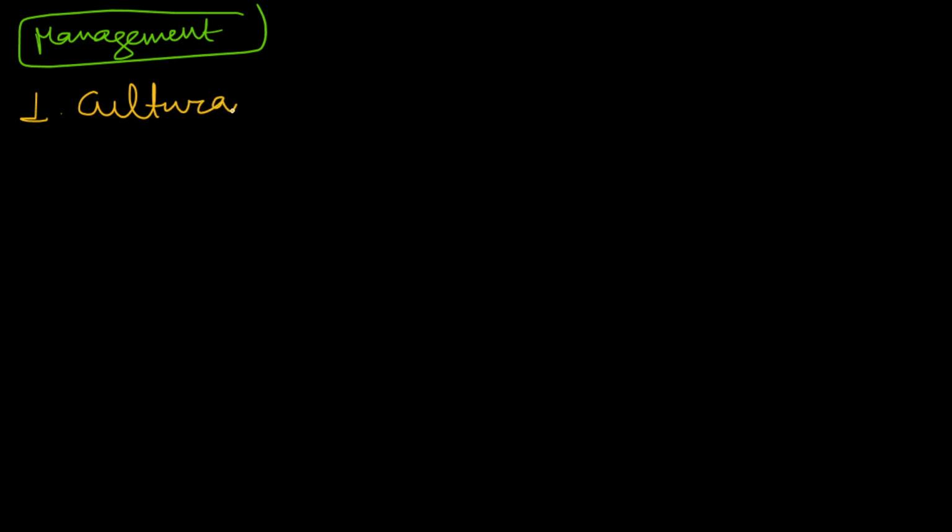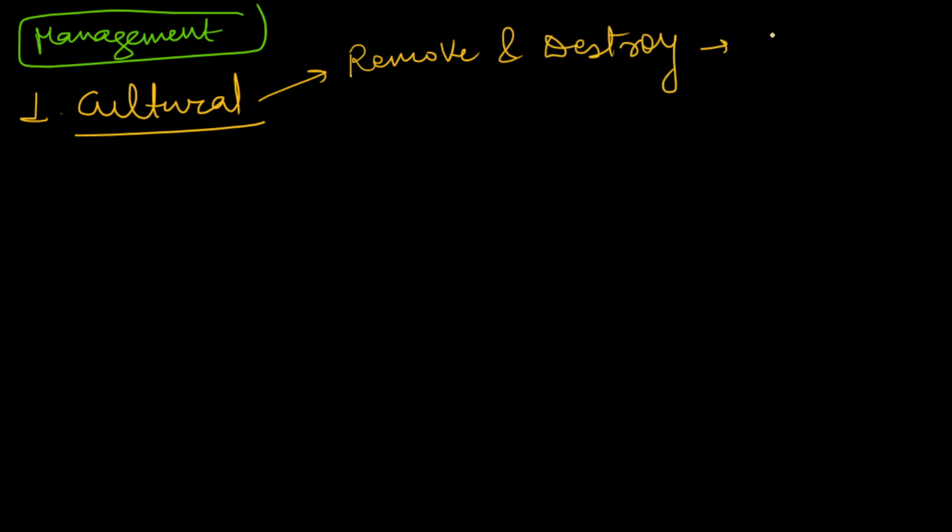Management. You can divide the management part into cultural, mechanical, biological, chemical, all these things. First of all, we can discuss the cultural part. In cultural, we can remove and destroy infested fruits and the infected parts.